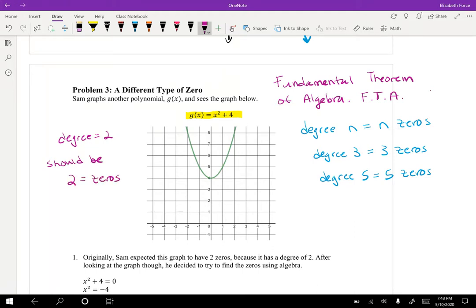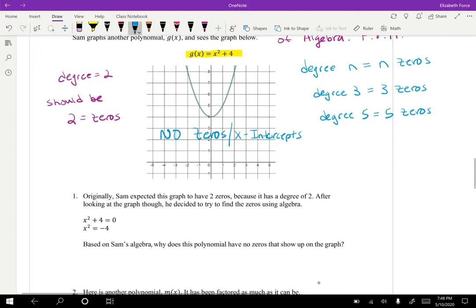Or I could have 1 zero with a multiplicity of 2, or a zero at negative 3 where it bounces. But you'll notice there are absolutely no zeros or x-intercepts in this polynomial. So it begs the question: is the fundamental theorem of algebra even true, if this is not happening for this polynomial?